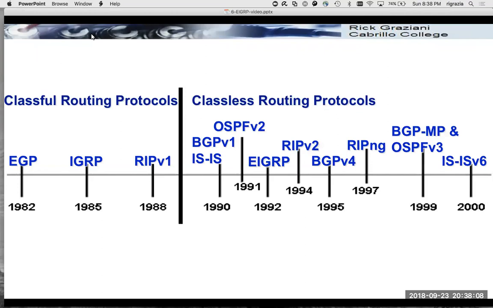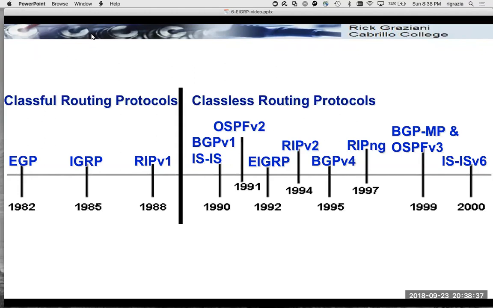And some people were just a little cautious about IS-IS and OSPF, not because of anything technical, just because of the requirements and not maybe fully understanding a link state routing protocol. So Cisco came up with EIGRP to replace their IGRP routing protocol. It's also a classless routing protocol where IGRP was classful.